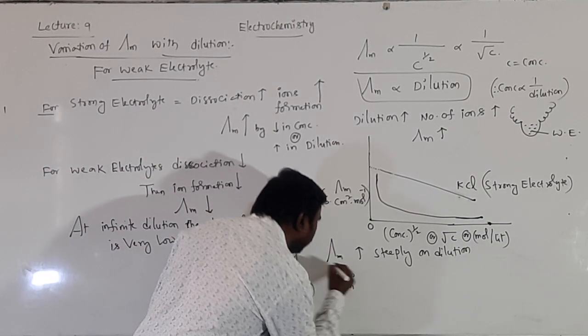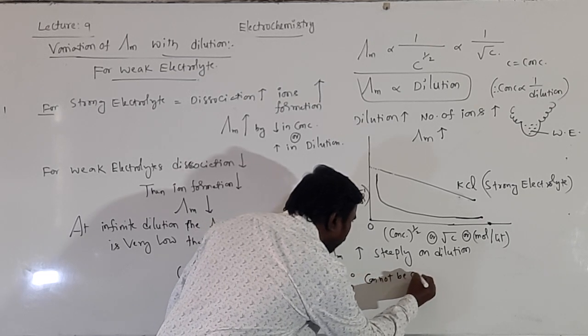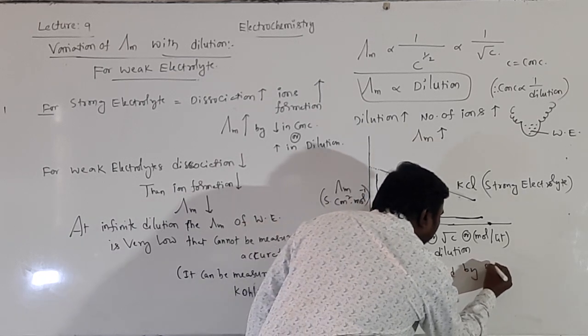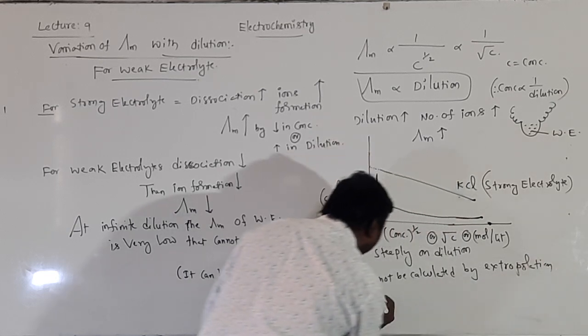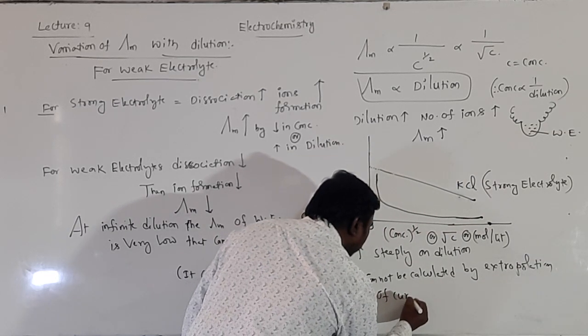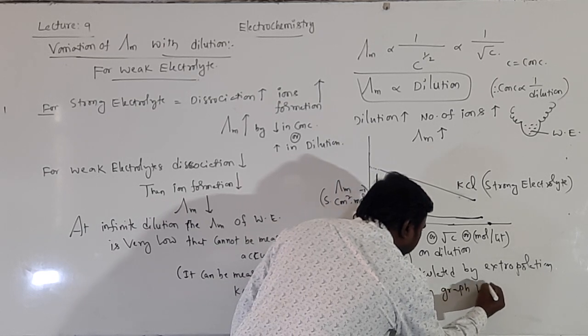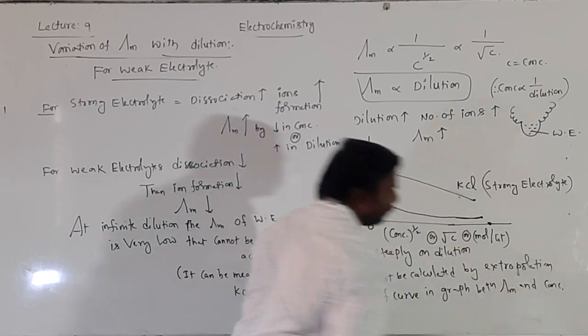Lambda m naught cannot be calculated by extrapolation of the curve in the graph between lambda m and concentration.